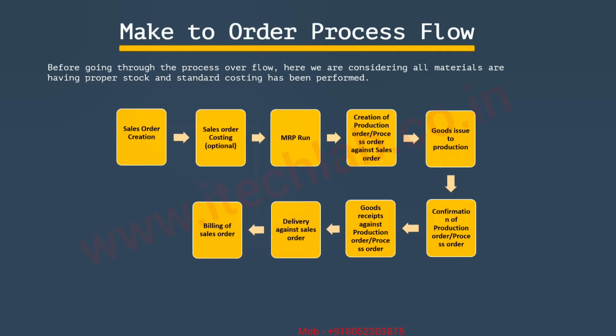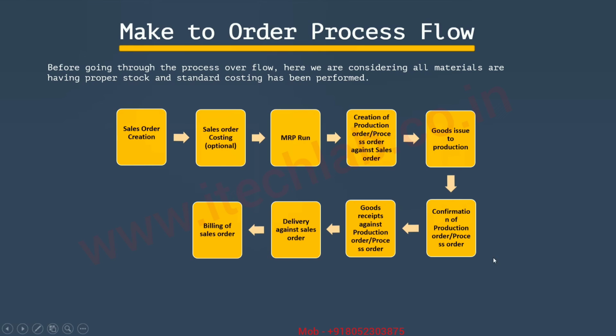In MTO with valuated stock, an accounting entry is going to be passed, but in MTO make-to-order non-valuated stock, there won't be an accounting entry, because the material which we are going to use in our production is not ours. It is the customer who gave us the material, so that material won't come in our stock. So here is the main catch for the MTO.